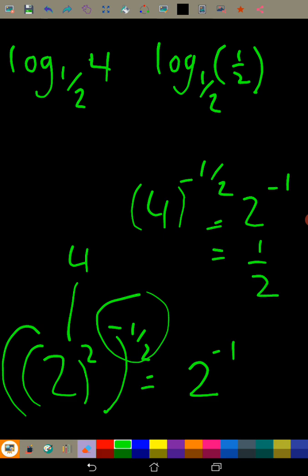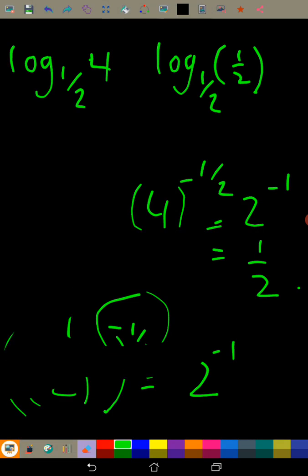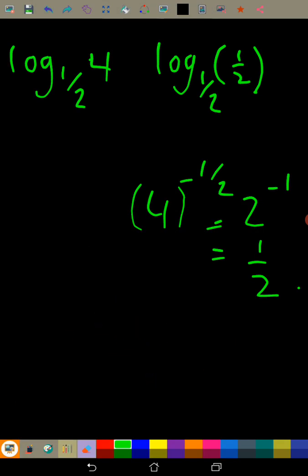This is half. Actually, what I need to do, sorry, it's not so easy for me, I need to make half become 4. It's the inverse of it. I know that it's 2.